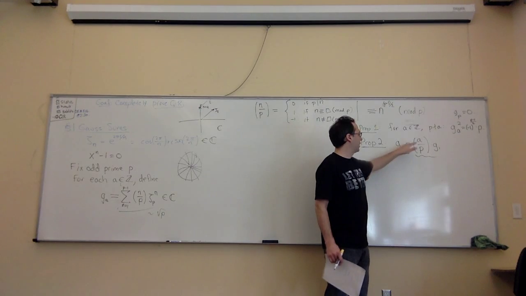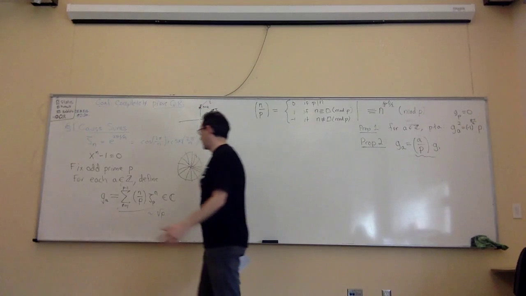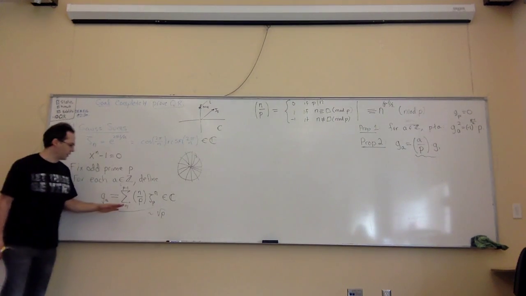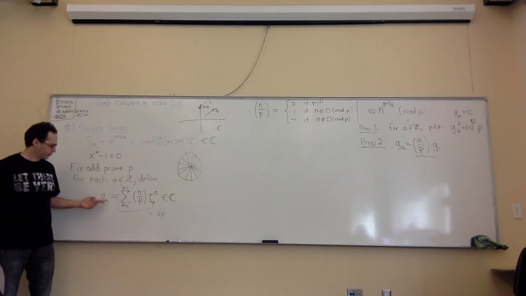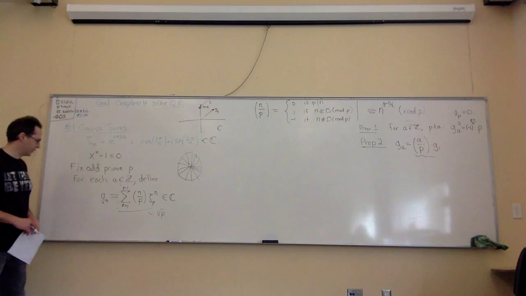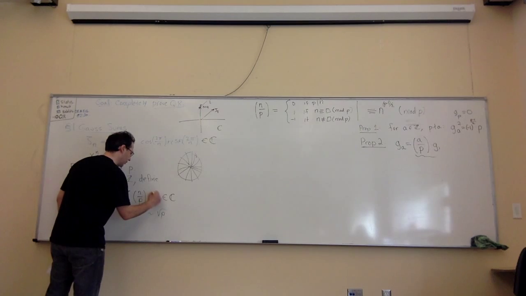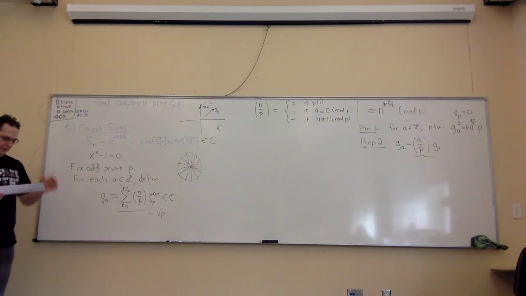So the Gauss sum g sub a is basically just a multiple of the Gauss sum g sub 1. Just to give you a hint as to why that's true, I clearly defined this incorrectly because there's no a over here. I was wondering about that. Yeah, there should be an a right here. Sorry, I just didn't write it down.